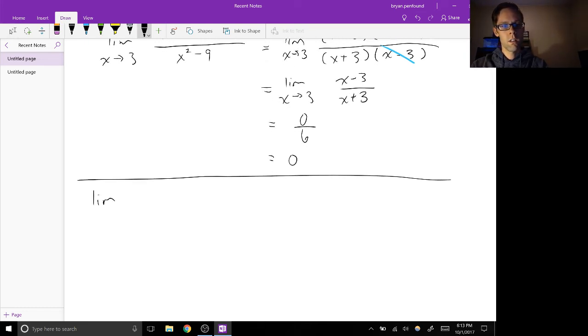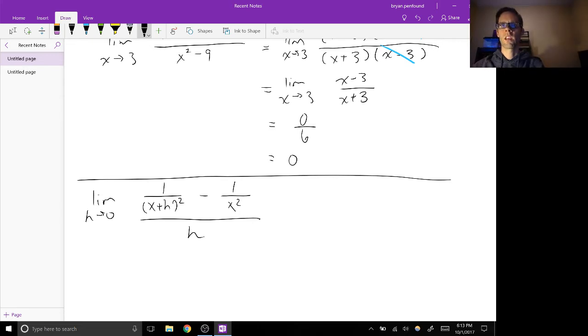Looking at this limit, 1 over x plus h squared, minus 1 over x squared, and an h in the denominator. So, a particularly not good looking limit.